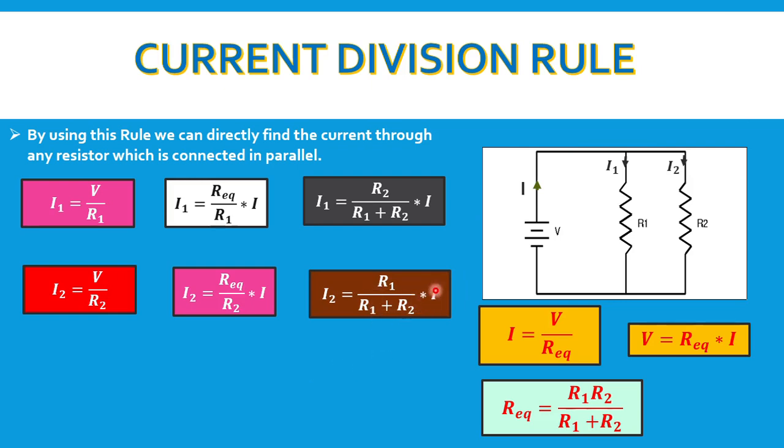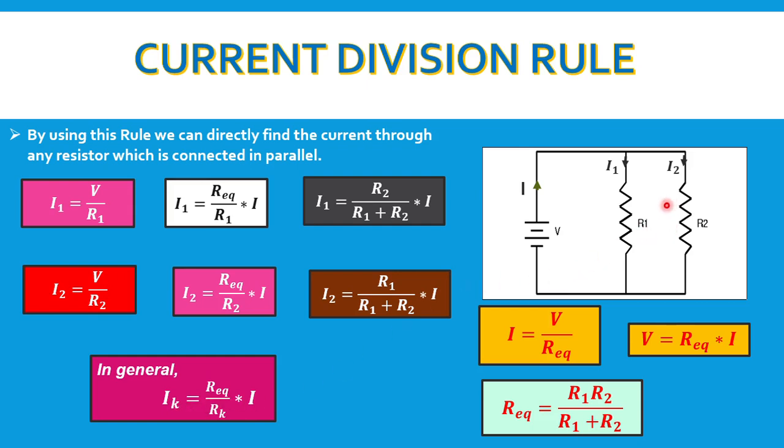This formula is only for when the two resistances R1 and R2 are connected in parallel. But if there are more than two resistors connected in parallel, we use this formula: I2 is equal to R equivalent upon R2 into I. Now in general, we can write Ik is equal to R equivalent upon Rk into I. This is an important formula if we have to find the current flowing through the kth resistor.